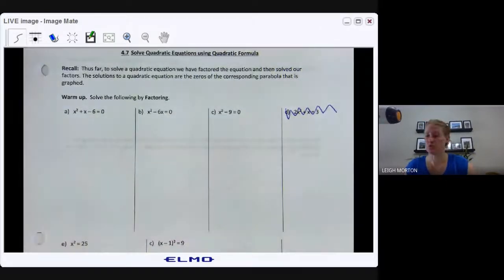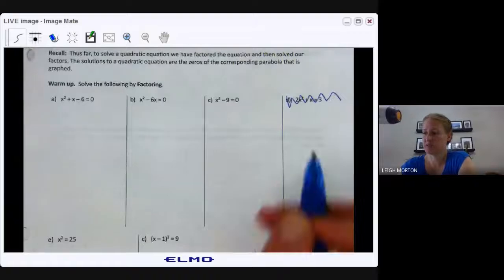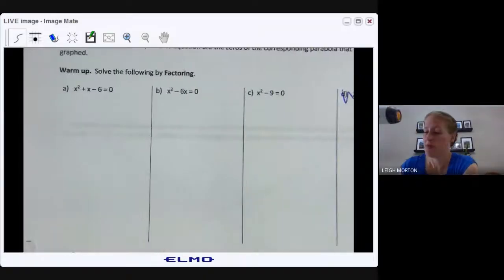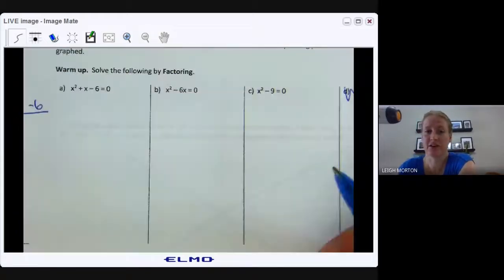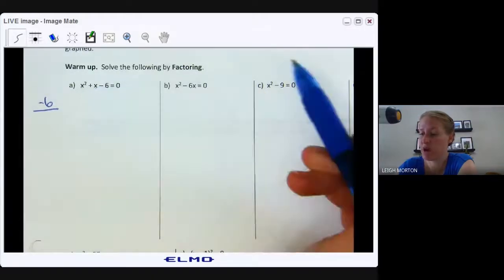So I asked you to start with this warm-up, which you were going to solve by factoring. I crossed one out because we didn't learn about complex factoring. Remember, I'm looking for a number that will multiply to the C value, so -6, and add up to the B value, which is +1.